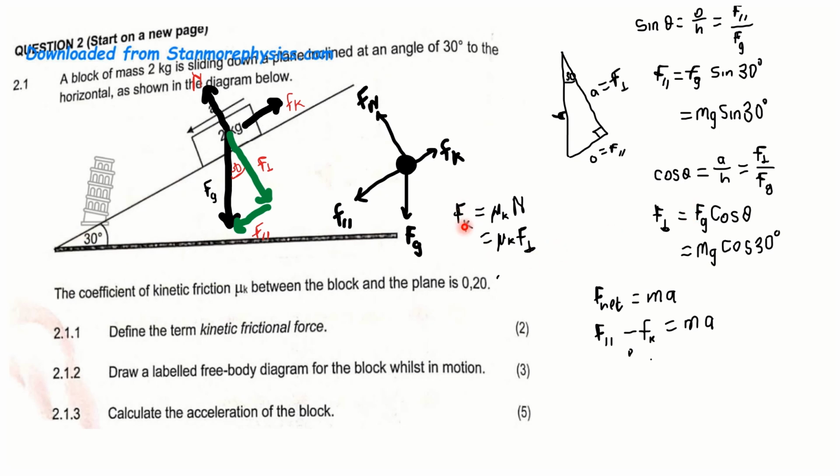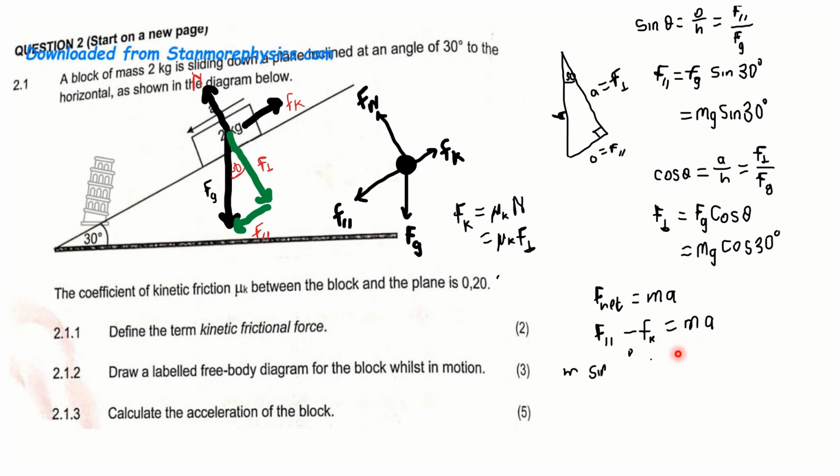Then, what is Fk, which is this one for the frictional force? It's mu, or coefficient of kinetic friction between the block and the plane, which is 0,2 given here, multiplied by F perpendicular. What is F perpendicular? It's mg cos 30. What is mg cos 30? Mass 2, gravitational acceleration 9,8, cos 30. You can pause the video, substitute and find the answer.